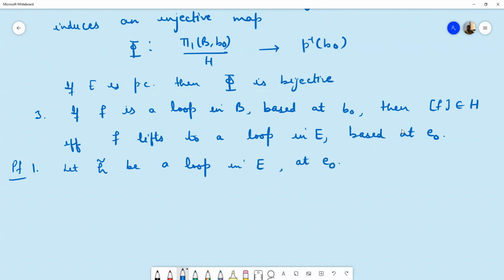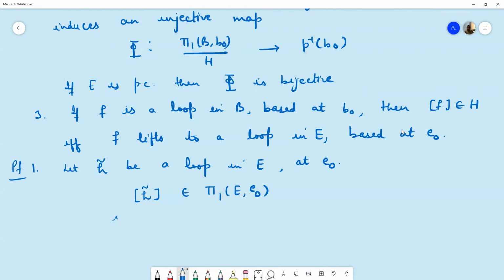That means we are basically assuming that this homotopy class is an element of the fundamental group of E with respect to point e0. So we assume that this homotopy class [h tilde] is a homotopy class whose image is the identity element under P star.